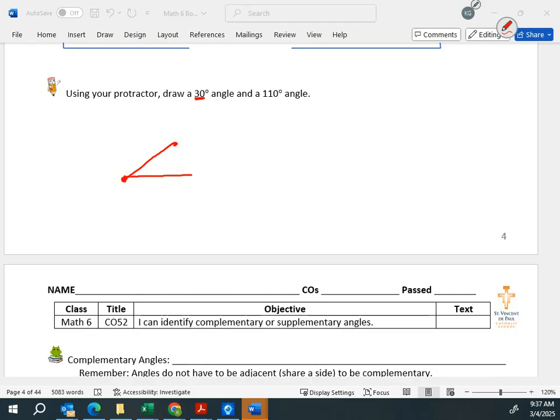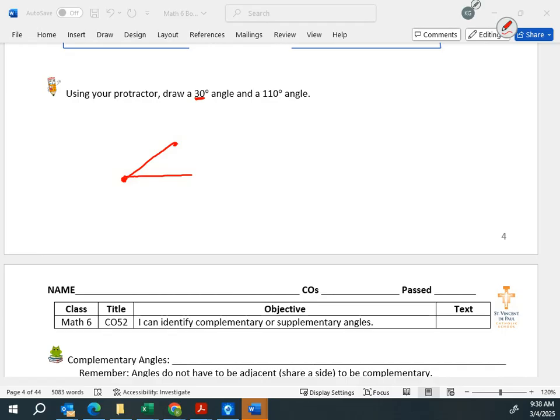Your way of checking to make sure that you're using the correct side of the protractor is to always go back and think, 30 degrees, that's going to be an acute angle. It needs to be small, less than 90 degrees.